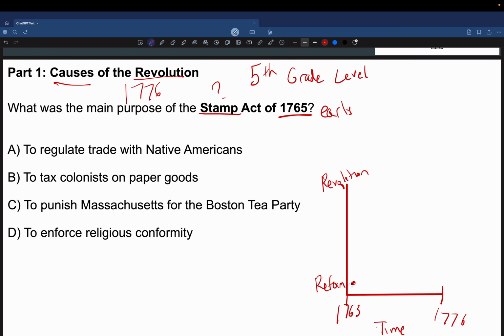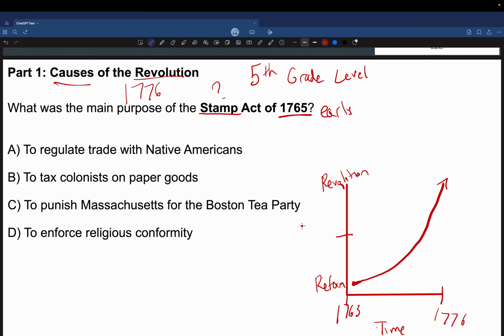It's going to start off as a reform effort. The colonists just want better treatment from Britain and the Crown and Parliament. Over time, these reform efforts are going to fail, and the reform efforts will fail and turn into a revolution.